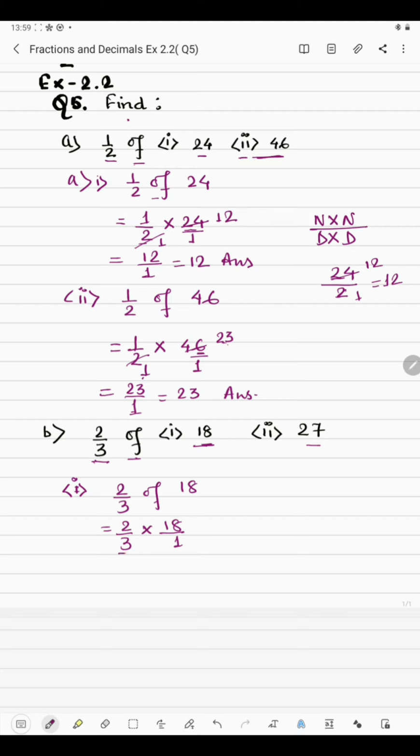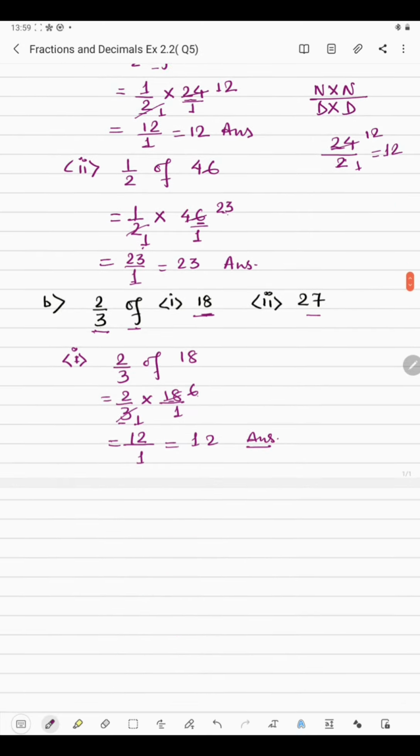Now these 3 and 18 both come in 3's table, so 3 ones are 3 and 3 sixes are 18. If you multiply the numerator, we get 6 twos are 12, and if you multiply the denominator, 1 ones are 1. So 12 divided by 1 means 12. Okay, this is the answer of the first part of number B.